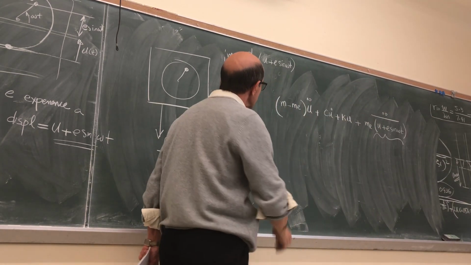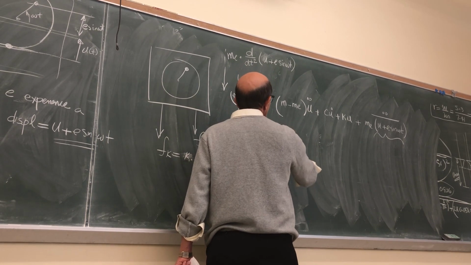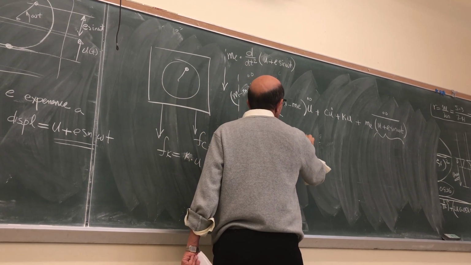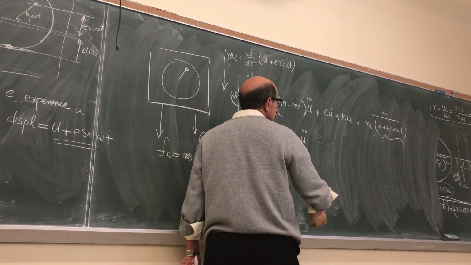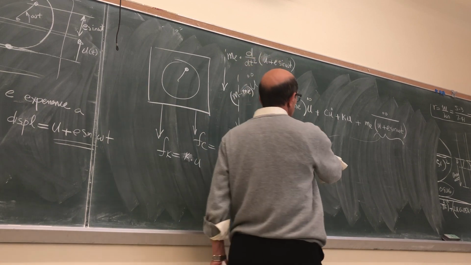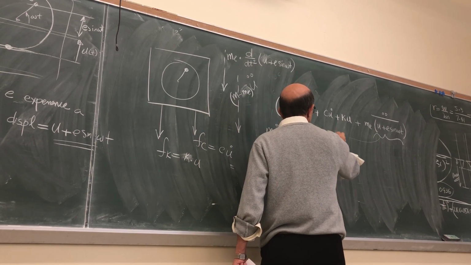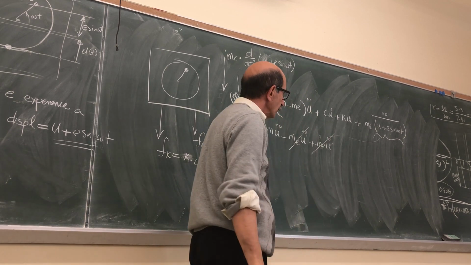Let's not skip any steps here, because I have M U double dot minus M_E U double dot. You will have plus M_E U double dot, which cancels out with this one.